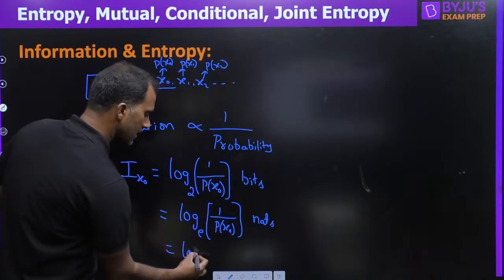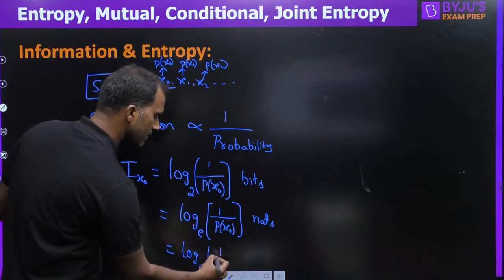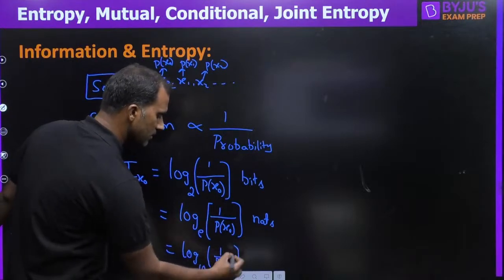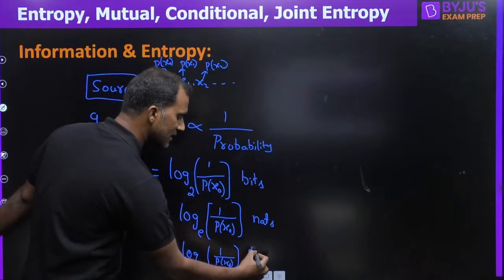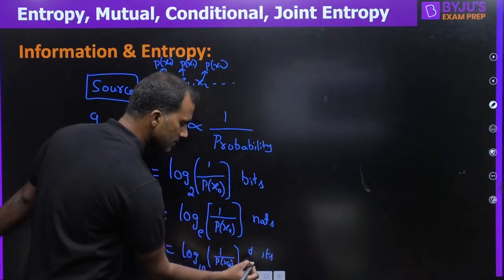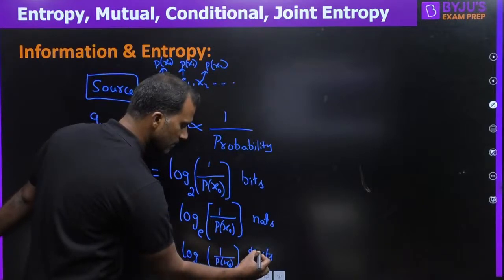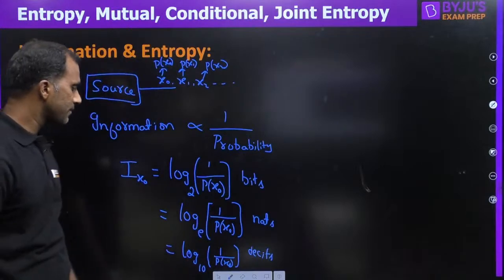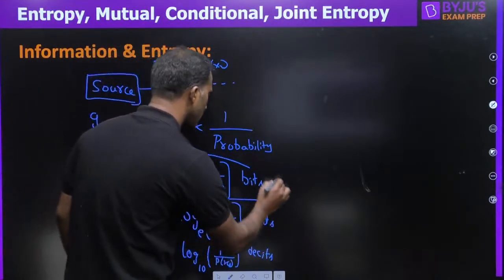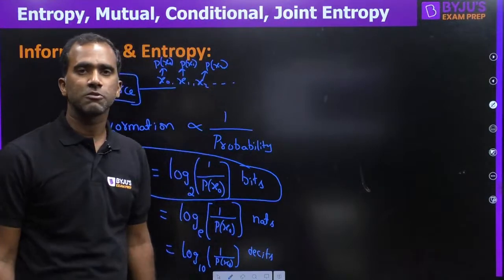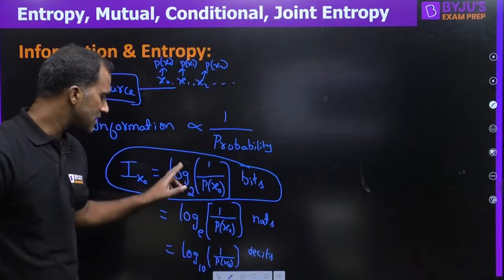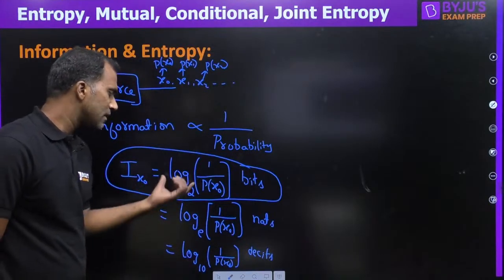And if you're taking the base as 10, since it is the decimal base, we call it decits. Right. So out of which we prefer this one. We prefer measuring information in terms of bits. Okay. There is nothing wrong in measuring in nats or decits. Any of these three bases is fine, but we prefer base 2.